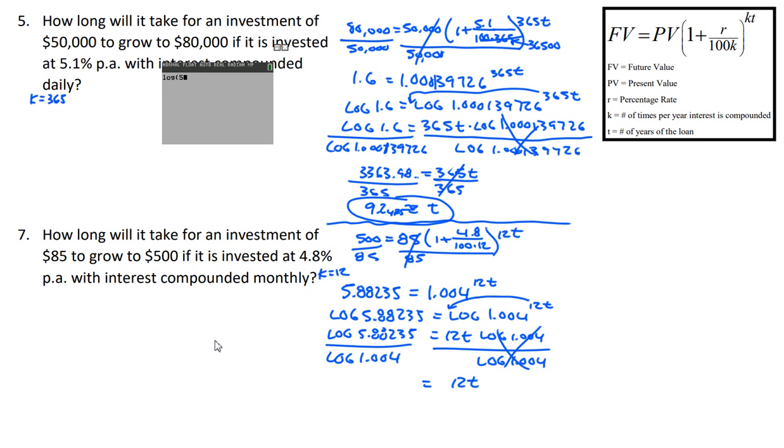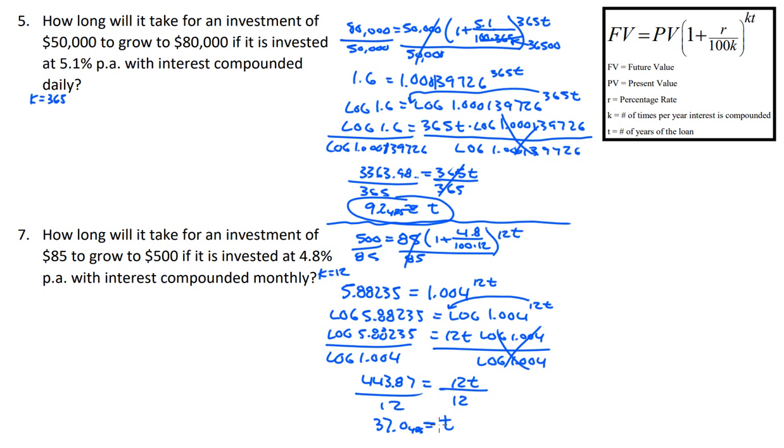Log 5.88235 divided by log 1.004 gives us 443.87. And our last step, divide both sides by 12 to tell us how long that should take us. So we take that, divide by 12, and we get 36.98. So basically it's going to take 37 years, roughly.